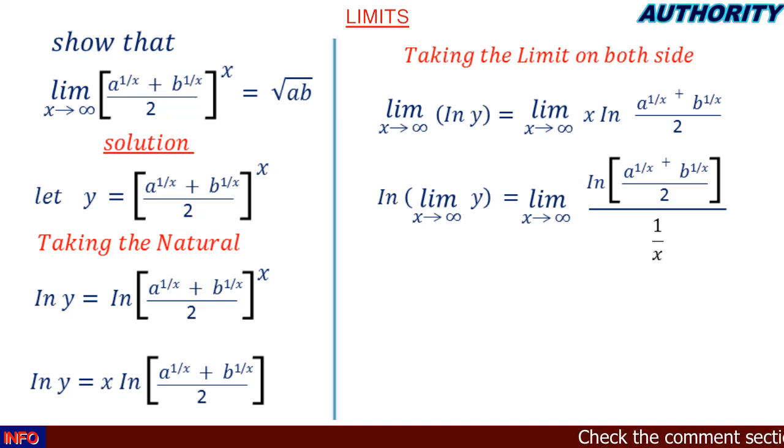When you change the division to multiplication, you perform inversion, so 1 comes down and x goes up. So you see that it is the same. All right, good. Now let's go.